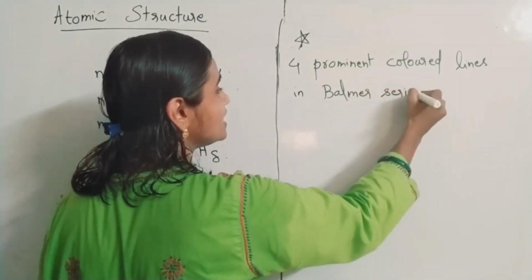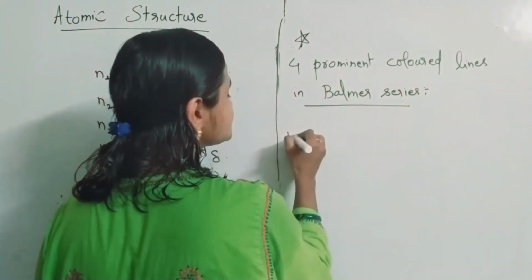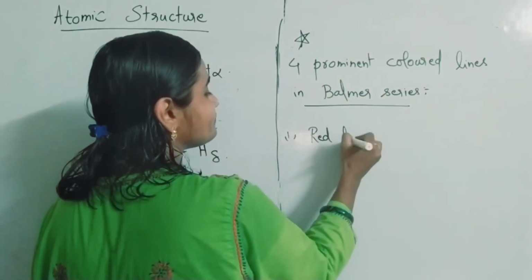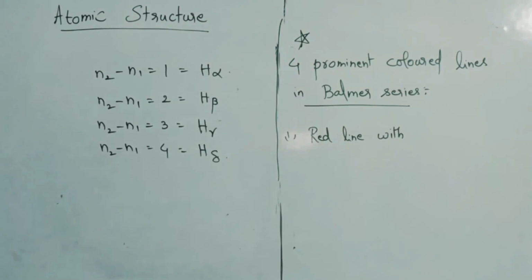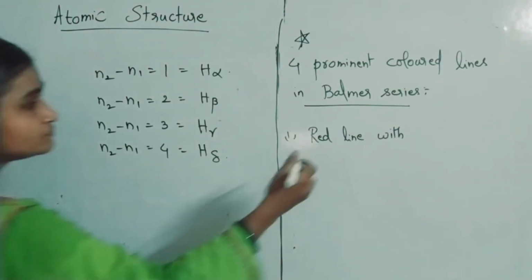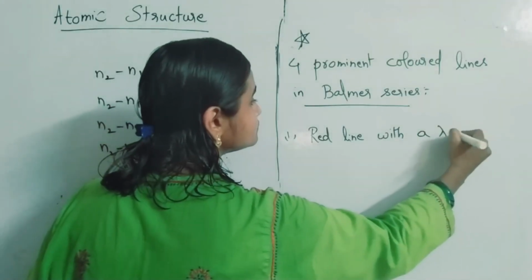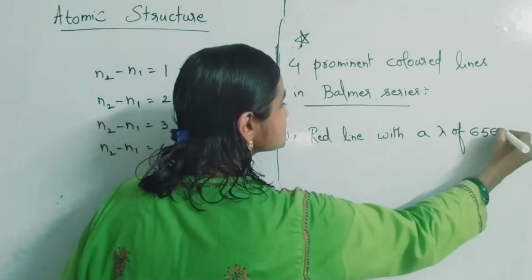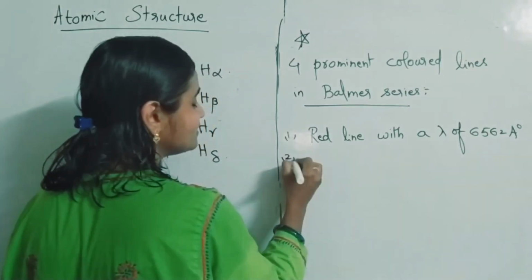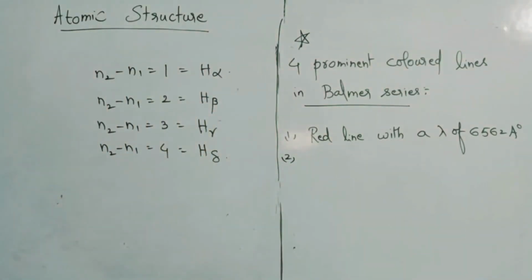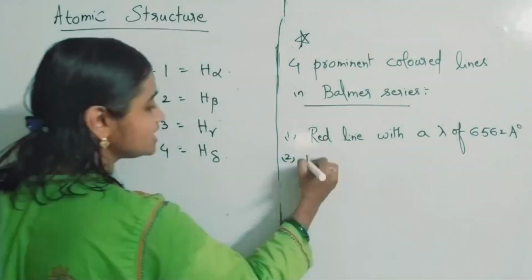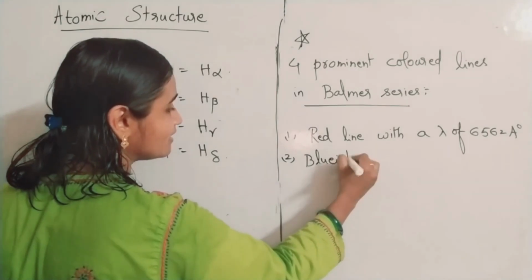What are those four prominent colored lines? First one, you will find a red line with a wavelength of 6562 angstroms. And you will find a bluish green line with a wavelength of 4861 angstroms. This is also a prominent line.